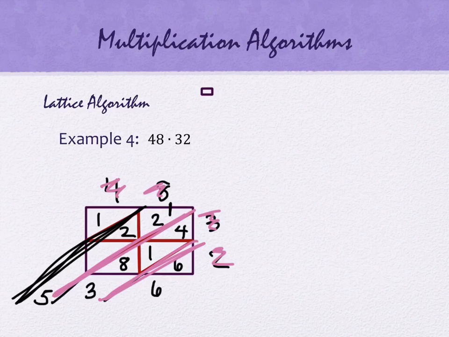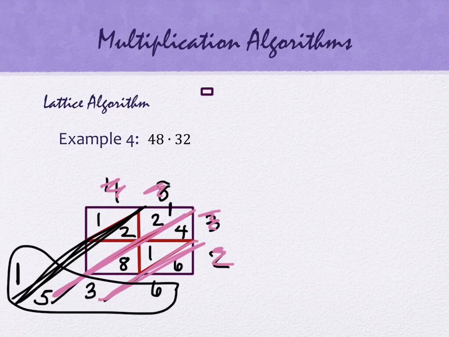And if I needed to, I would carry something from there. I don't on this one. And then this last number, the 1 over here, adds to nothing else. There's just a 1 left. So my answer is at the bottom, 1536. All right? And we'll stop there.